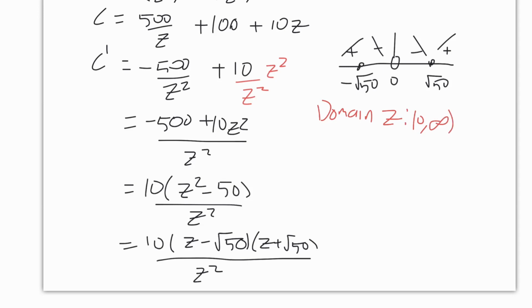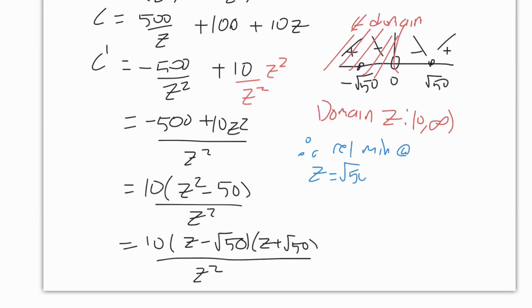That would be ridiculous. So all of this gets crossed off because it's not in the domain, which means we have ourselves a relative minimum at z equals root 50.